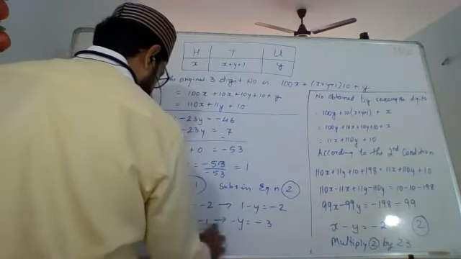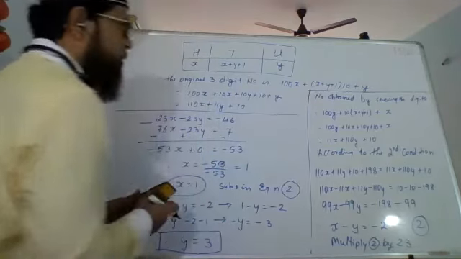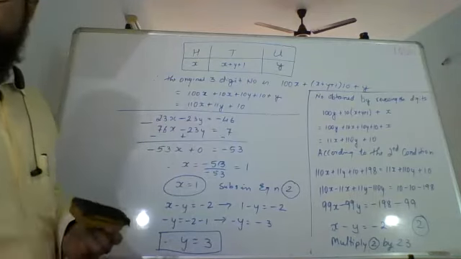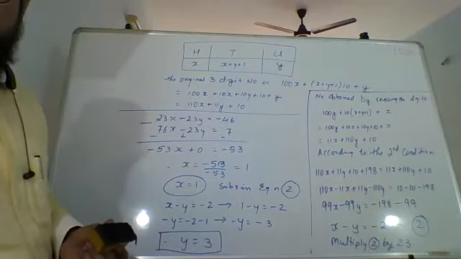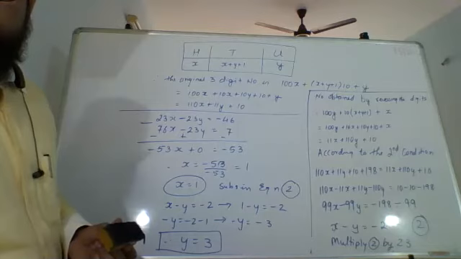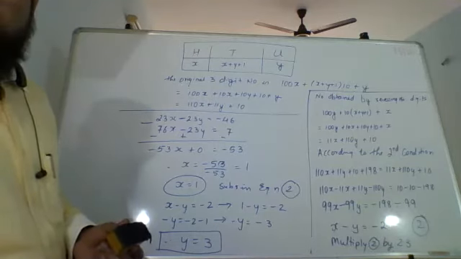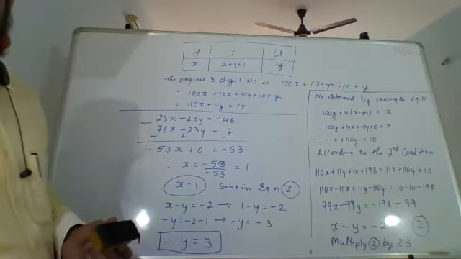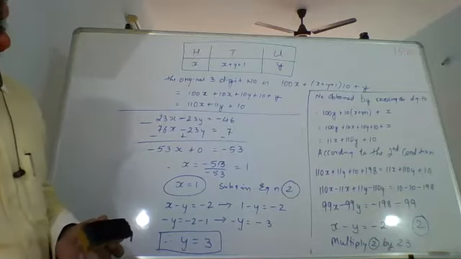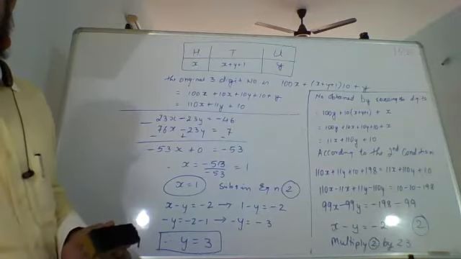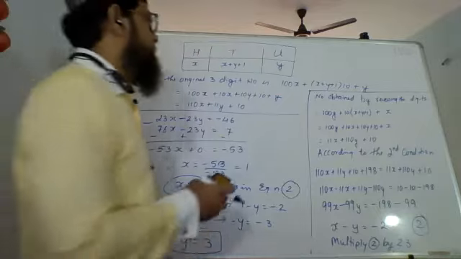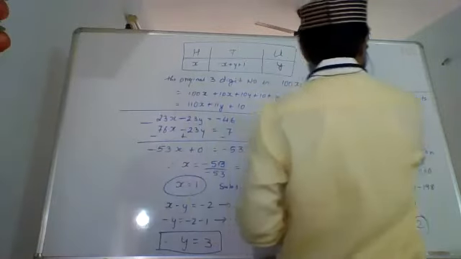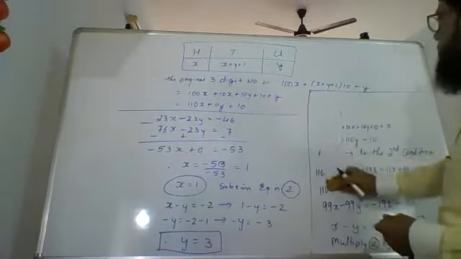So I've got x equal to 1, y equal to 3. So what is the original number? x equals 1 and y equals 3.